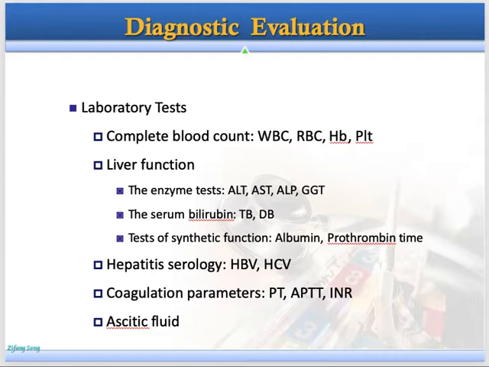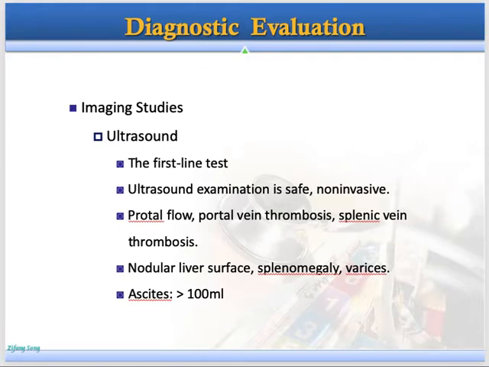Okay, we can do a liver biopsy, by the way, ultrasonography. So all the studies to check what is the functionality of the liver, just to find the cause of cirrhosis or ascites or portal hypertension.